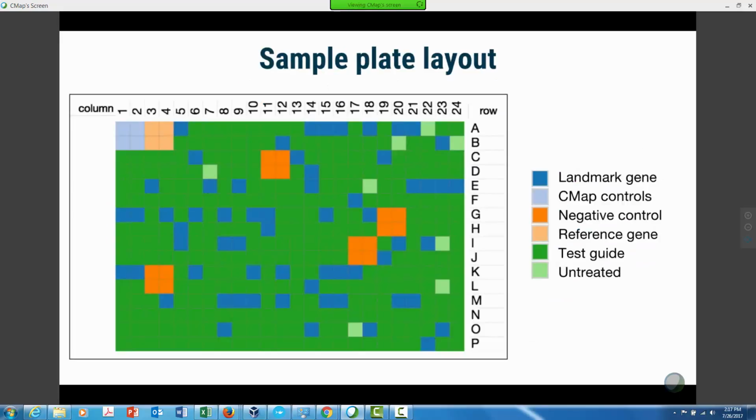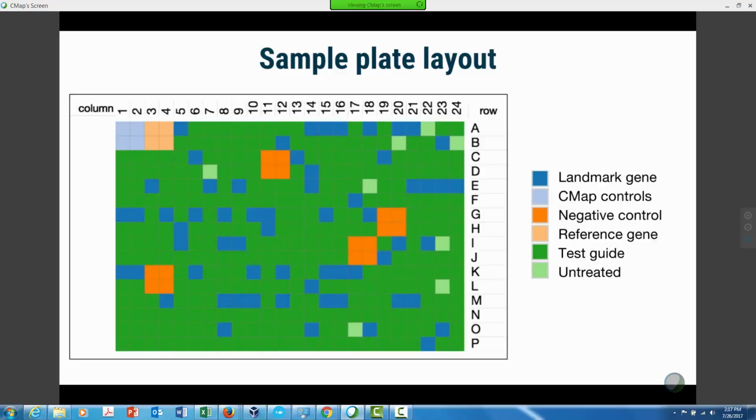So just to give you guys an example, I've included a sample plate layout. The main point of this is just to represent the types of perturbagens in each plate. So very importantly, we have landmark genes distributed throughout the plate. Again, these are the directly measured ones. In this top left corner, we have CMAP controls, which are just platform controls.